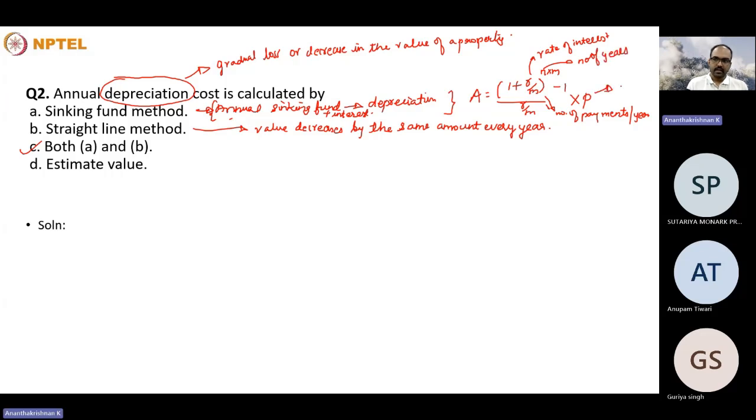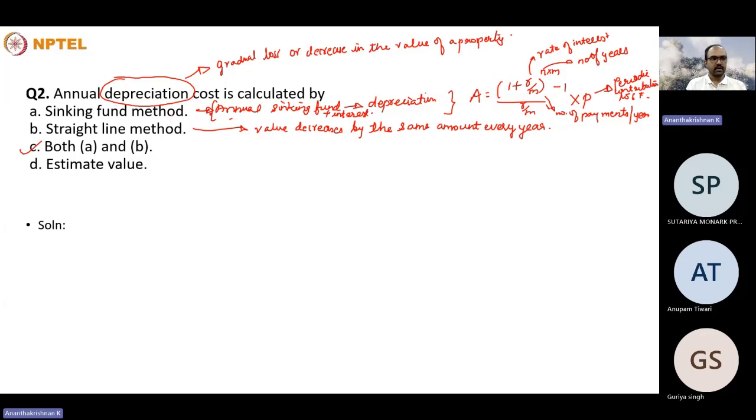P is the periodic contribution to the sinking fund. A is the total money accumulated. This gives the amount by which the value will be depreciating over the years. So these two are the normal methods by which we calculate the depreciation cost.